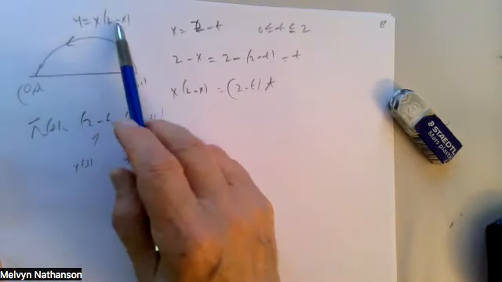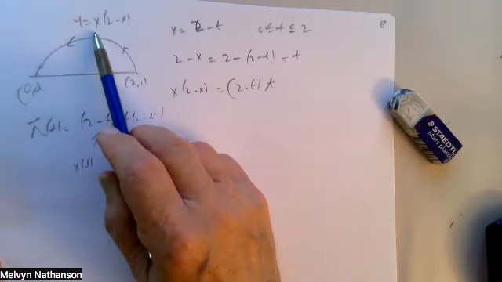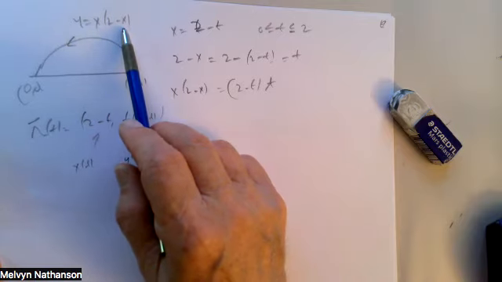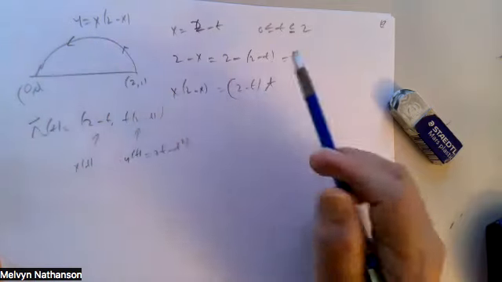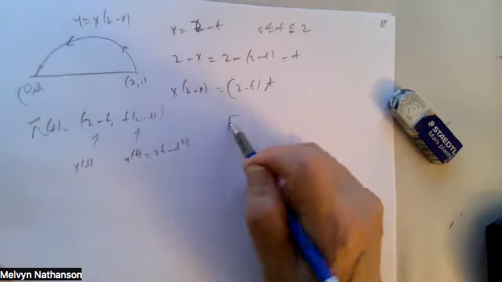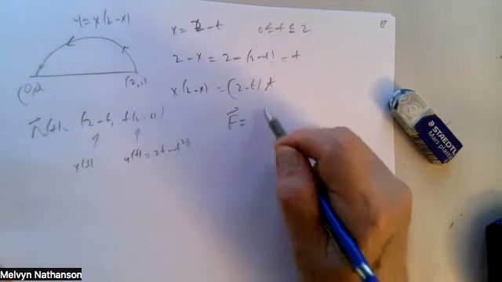So y is x times (2 minus x). When x is 2 minus t, 2 minus (2 minus t) is just plus t. So this is t times (2 minus t). That's y of t. And my vector field F is minus 2xy, x squared.